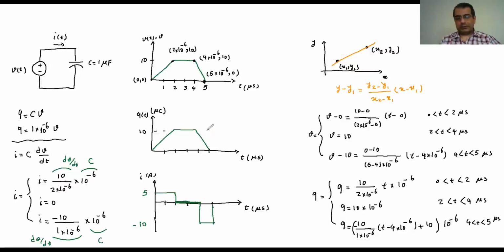release them back to the circuit, and then you will see the current is going to become negative 10. The reason is that because the voltage is dropping, it starts to release its energy, and the energy released is going to be the opposite of how it gained it.